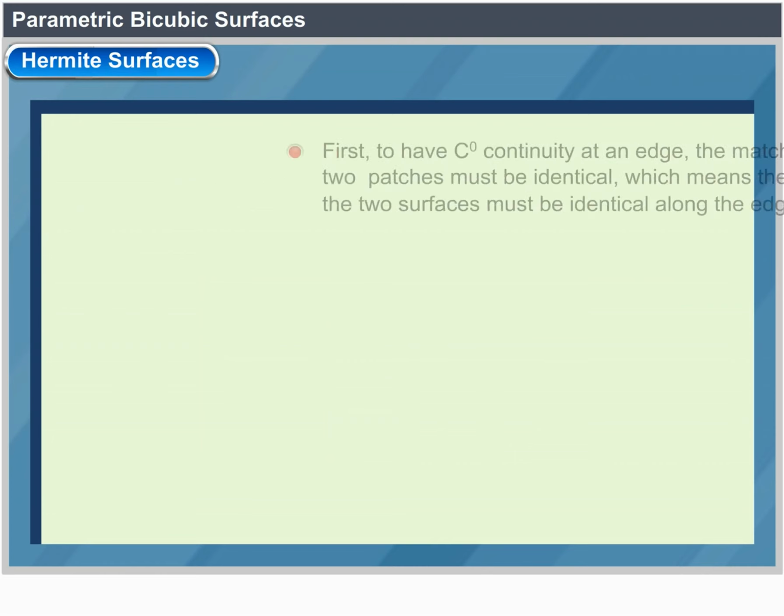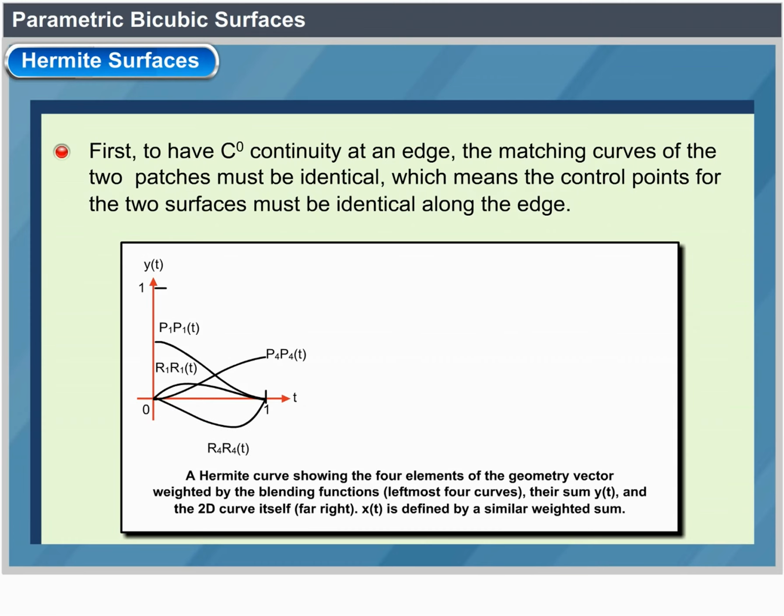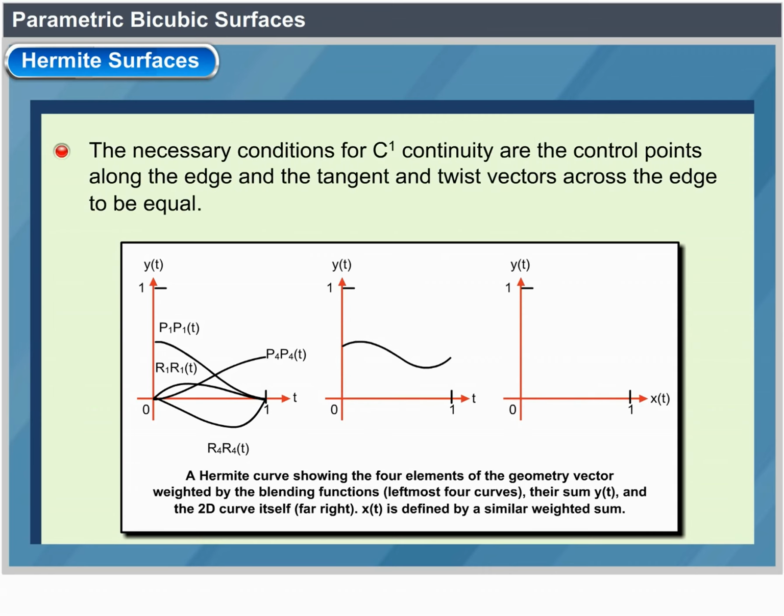First, to have C0 continuity at an edge, the matching curves of the two patches must be identical, which means the control points for the two surfaces must be identical along the edge. The necessary conditions for C1 continuity are that the control points along the edge and the tangent and twist vectors across the edge be equal.